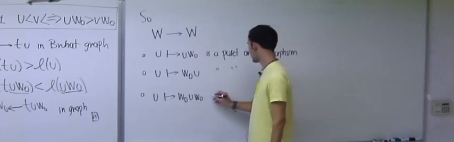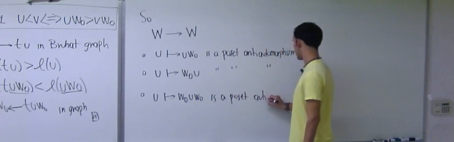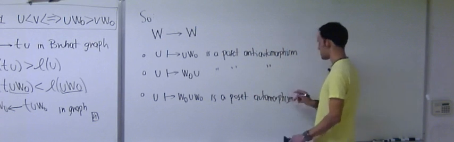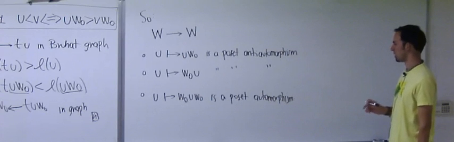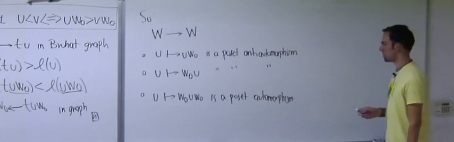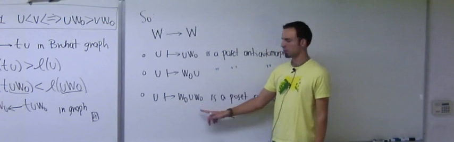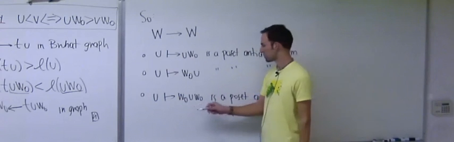And so what you get is a poset automorphism. Okay? Now, remember that W naught is equal to W naught inverse, and so this map is exactly the map that conjugates by W naught. This is conjugation.